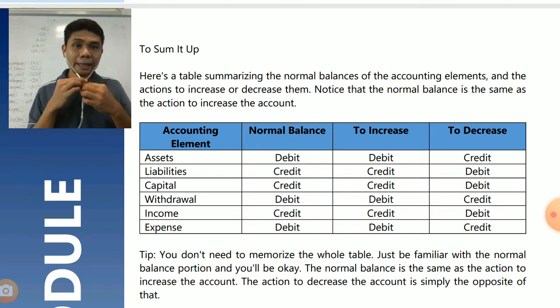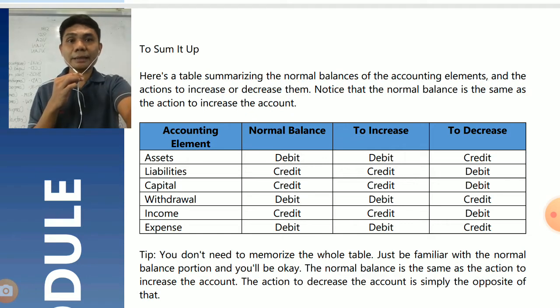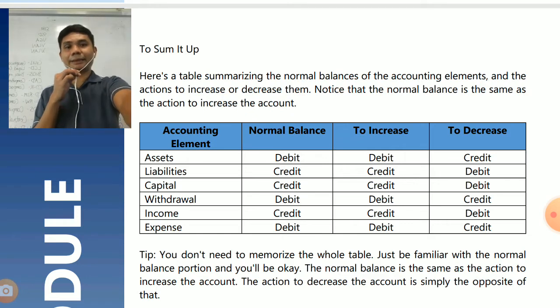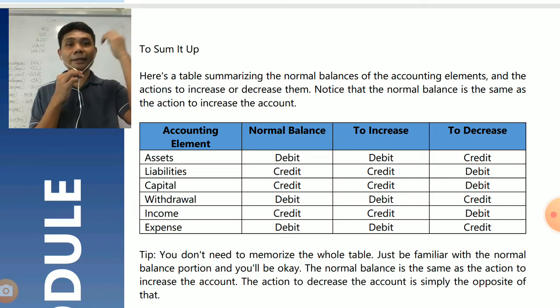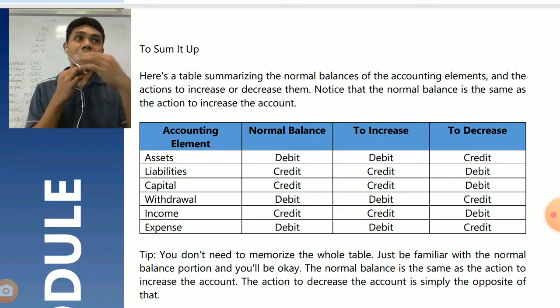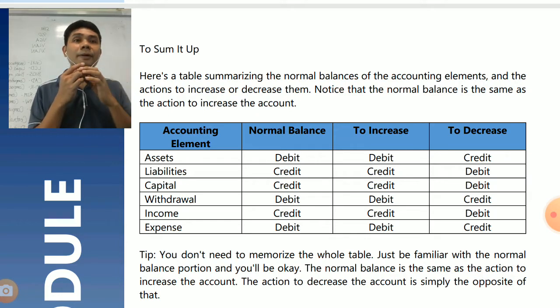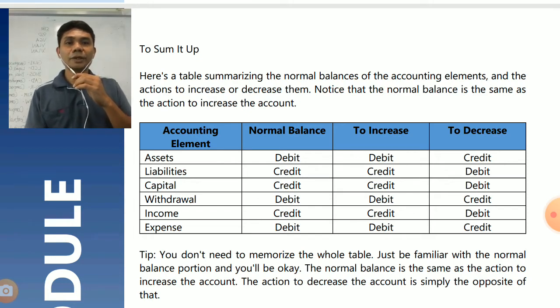So normally, liabilities increase on the credit side. This is important, especially in recording, in journalizing, or making journal entries. Because if you do not familiarize yourselves with these normal balances, you will not be able to properly record or create a journal entry in every transaction. It will be very difficult if you do not know these normal balances.